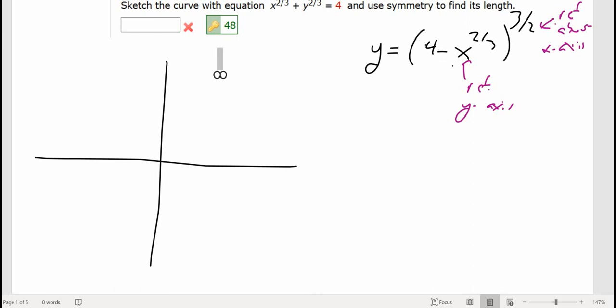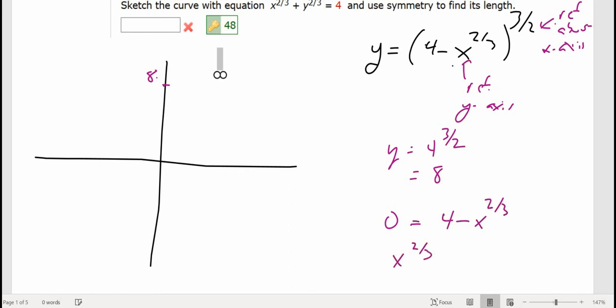And I might also want to know where the intercepts are. So if x equals 0, then that's going to be what, at 8, okay? Because we're going to have 4 to the 3/2 when x equals 0, and that's going to be 8. And due to all of the symmetry, if I do the x-intercept and put 0 equal to this and solve, we're going to have 0 equals 4 minus x to the 2/3.